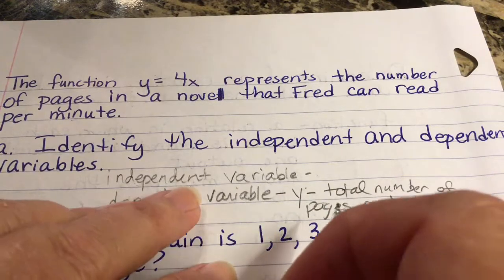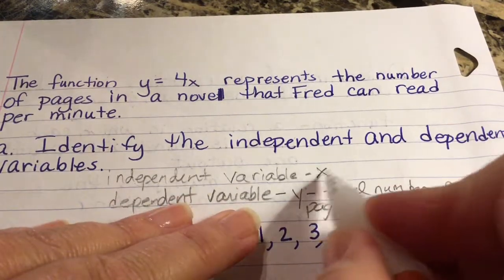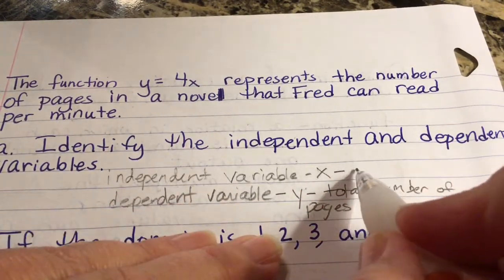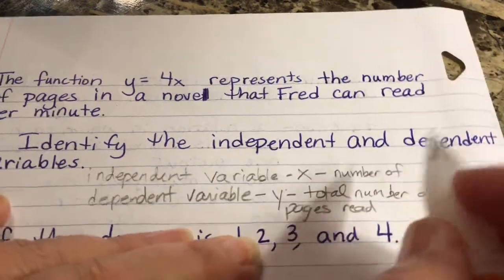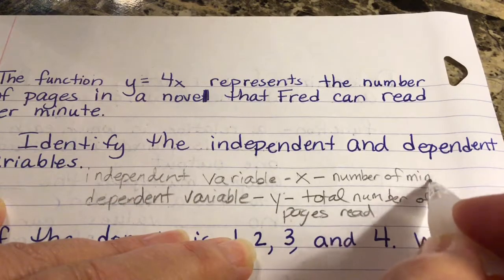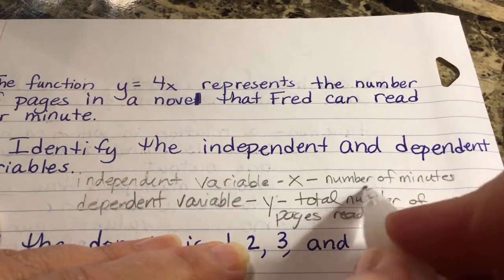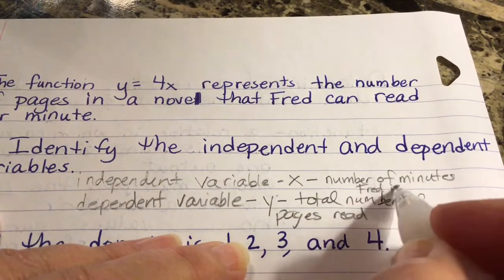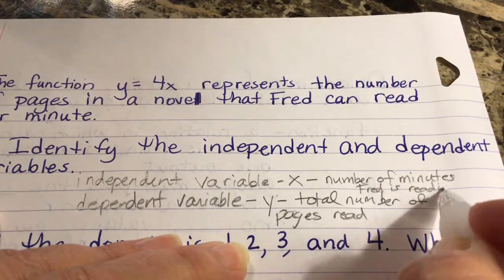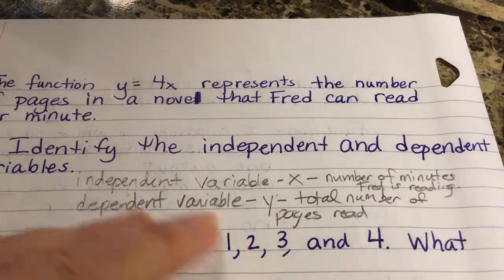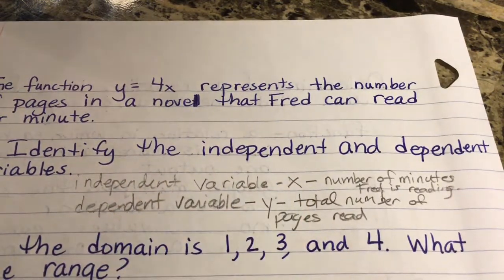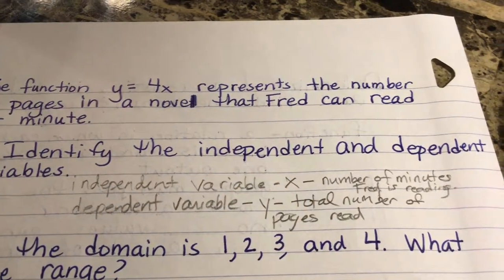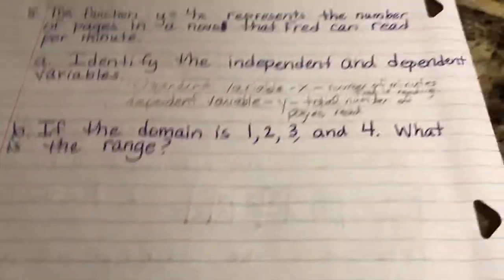And then my independent variable is x, and that stands for the number of minutes Fred is reading. So that's my independent and dependent variable. Independent x, dependent y.